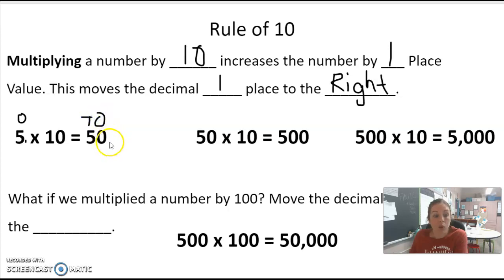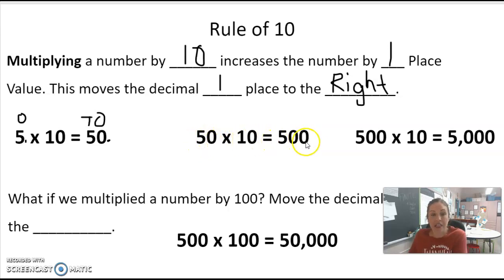We now have 0 ones, and our decimal is right there. Did you notice? Look at our decimal. It started right next to the 5, and then it moved one place to the right to make my number bigger.